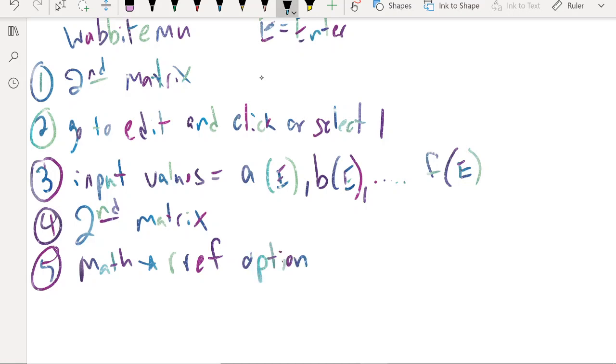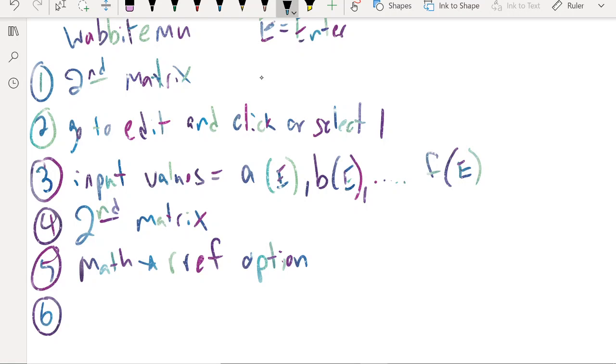You can look up what that stands for if you want. I don't want to bore you or confuse you, because it's a very math sounding thing. So just trust me, that's what you want to choose, the RREF option.